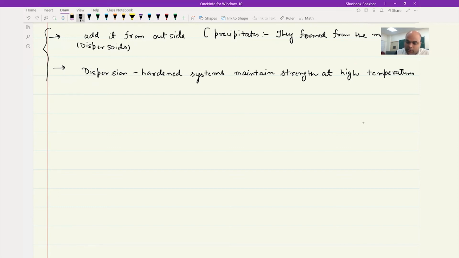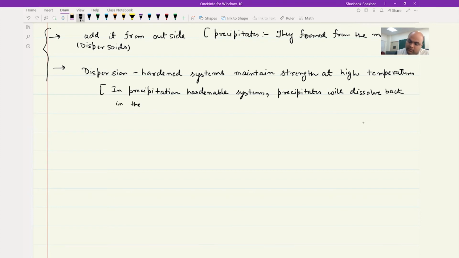Okay, and if I talk about precipitates, in the bracket that I am writing there is a contrast between dispersion hardened systems and precipitation hardenable alloys. So in precipitation hardenable systems, precipitates will dissolve back in the matrix.